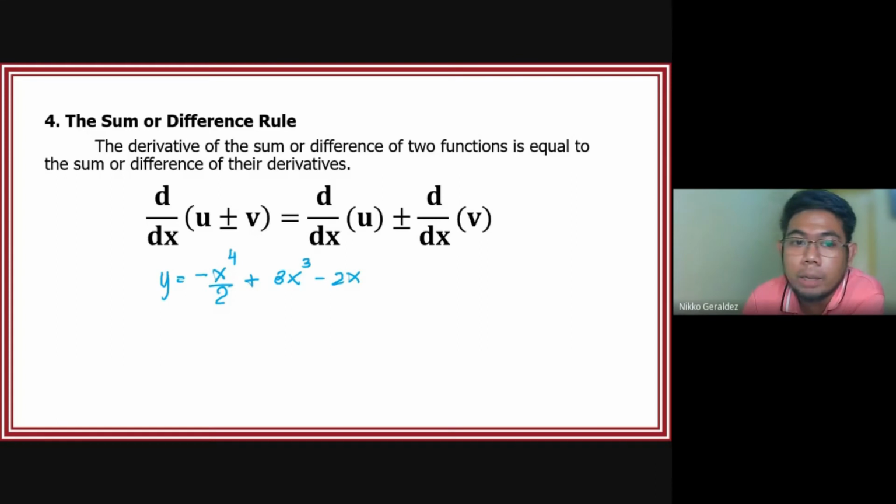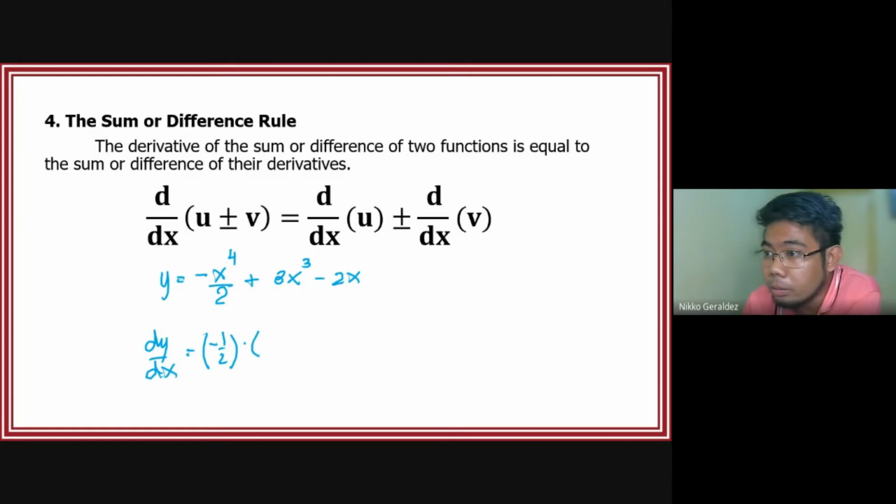Take the derivative of each term. First, the derivative of negative x raised to 4 over 2. The first rule is the constant multiple rule, so that is negative 1/2 times the derivative of x raised to 4.